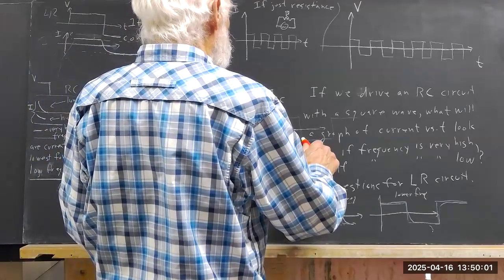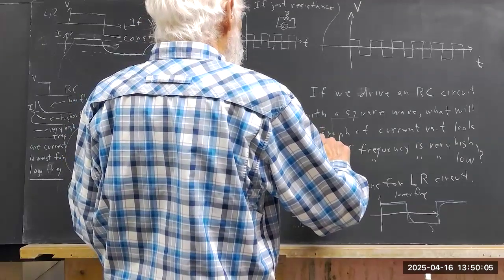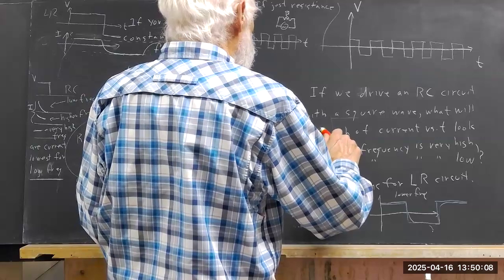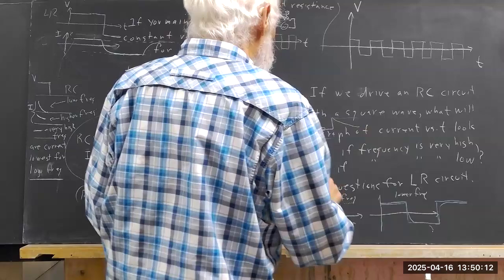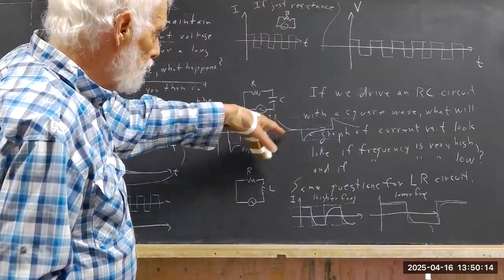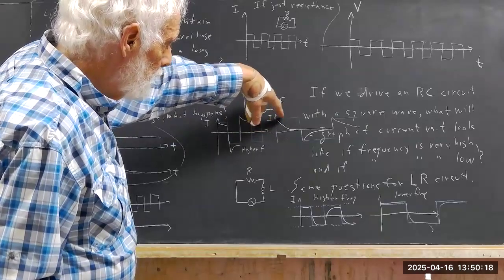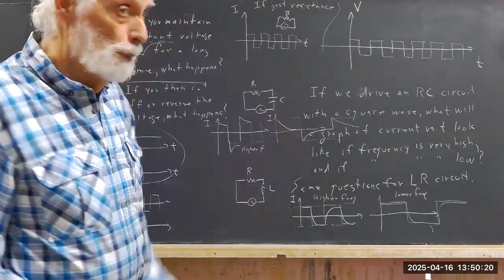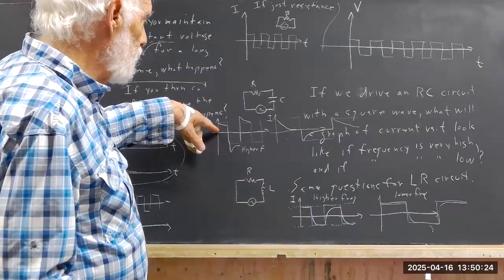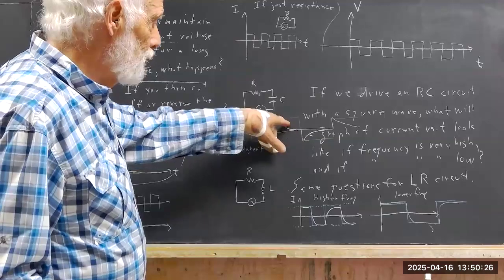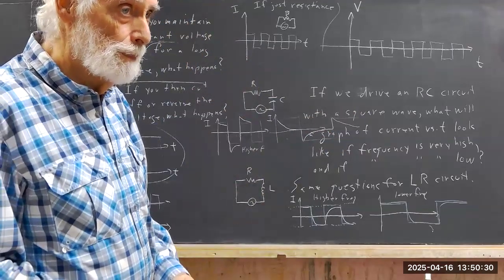And then when you reverse the voltage, you get the opposite current. It's going to come like this, then it's going to come back up, down. And you see, you've got a lot less area under the curve than you get here as compared to the square wave. Here it looks like you've got 85% of the area. Here it looks like you've got maybe 30% of the area, 20%.